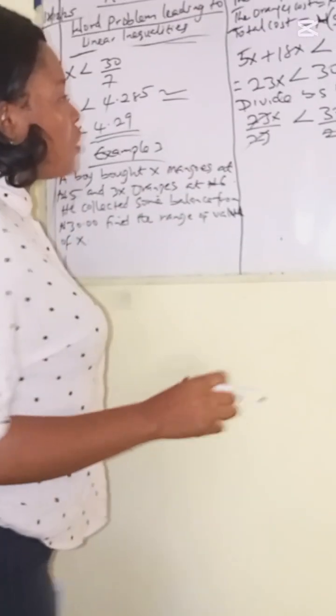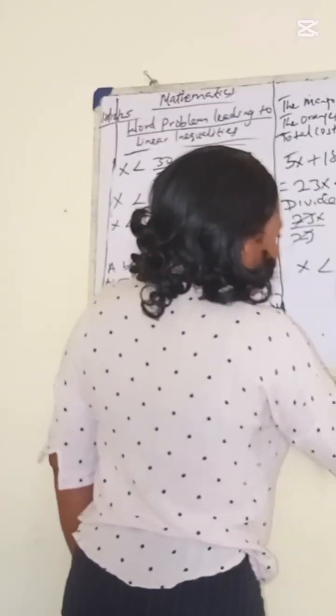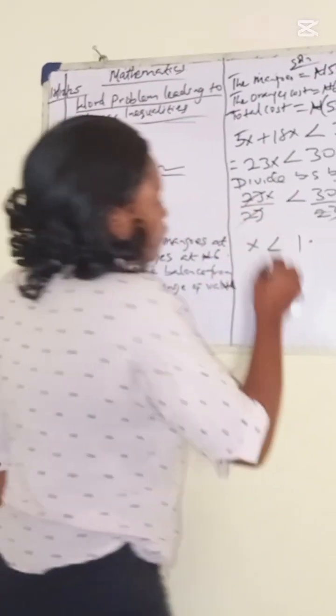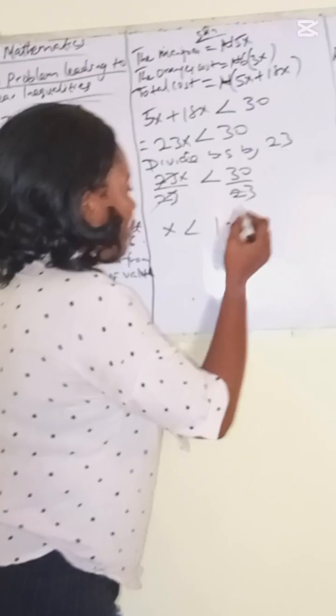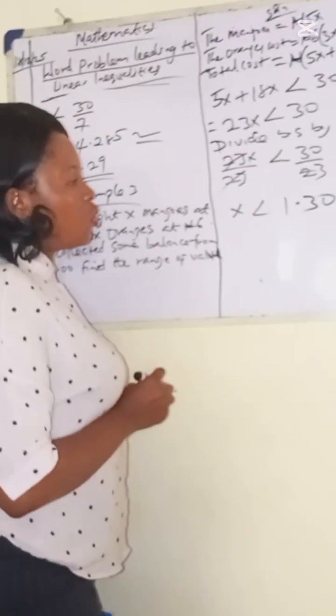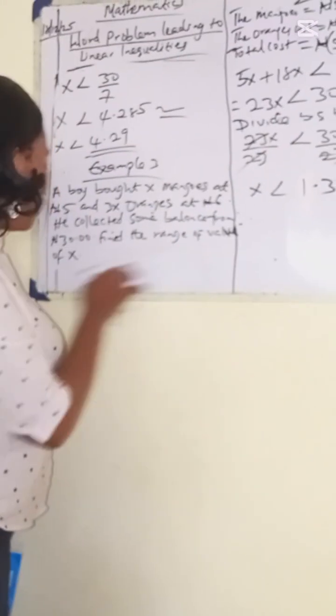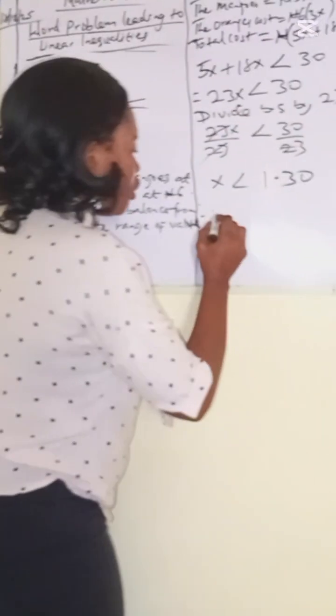Now 30 divided by 23 will give us x is less than 1, remainder 7, or 1.30.